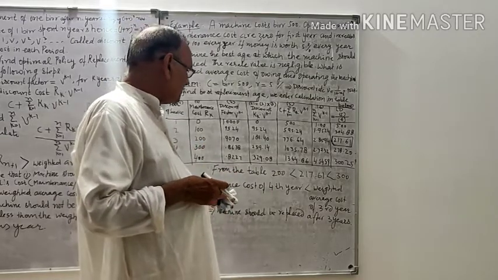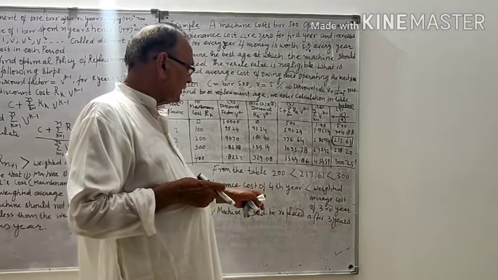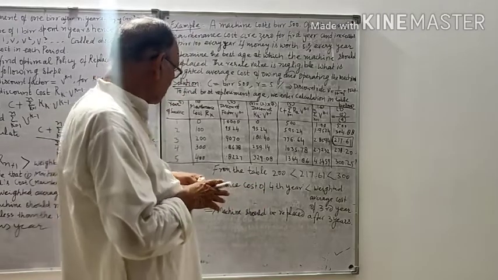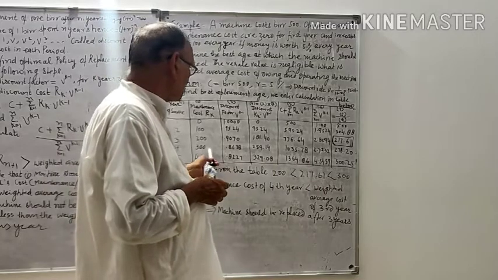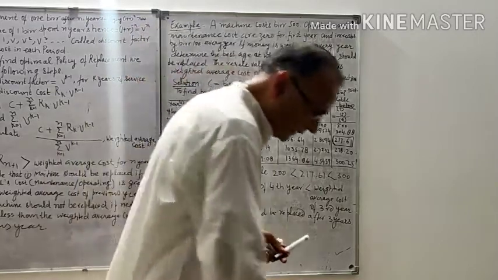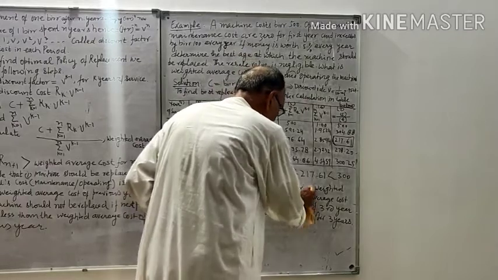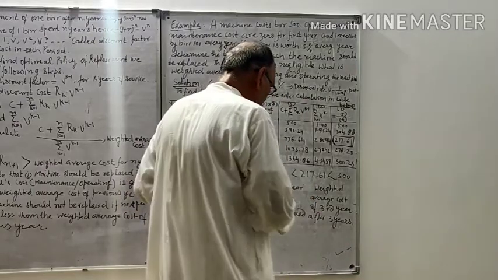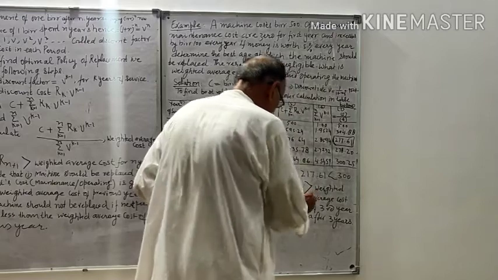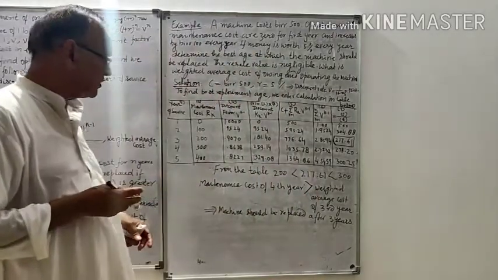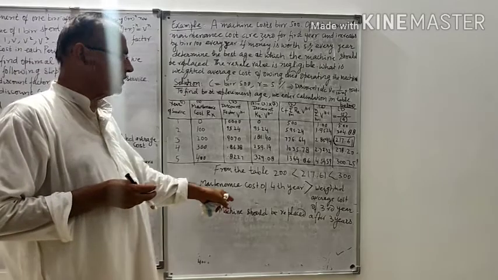So the maintenance cost of the fourth year, 300, is greater than the weighted average cost of the third year. Therefore the machine should be replaced after 3 years.